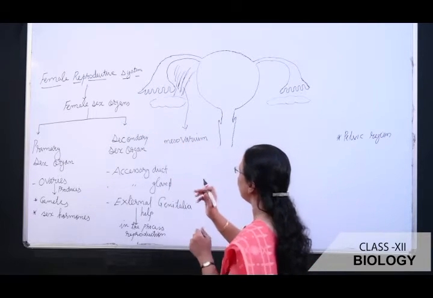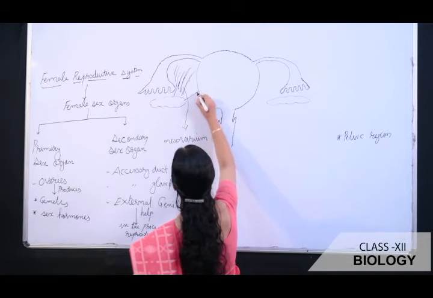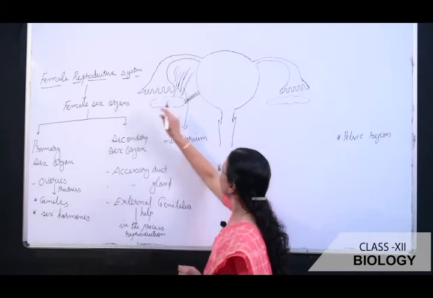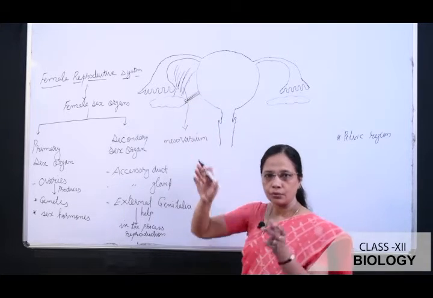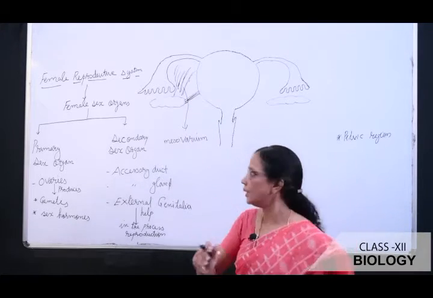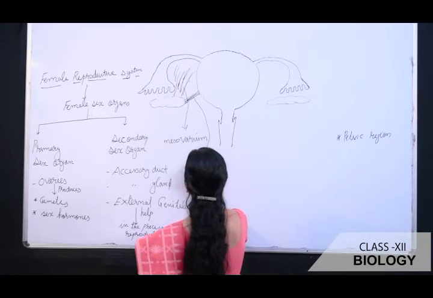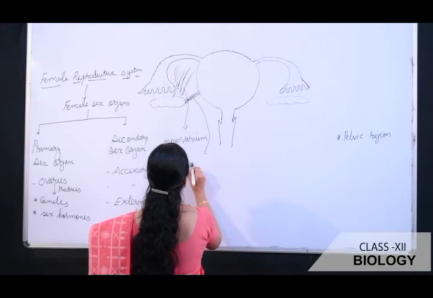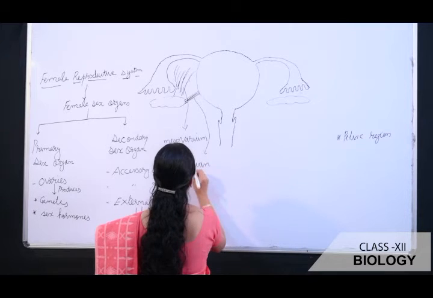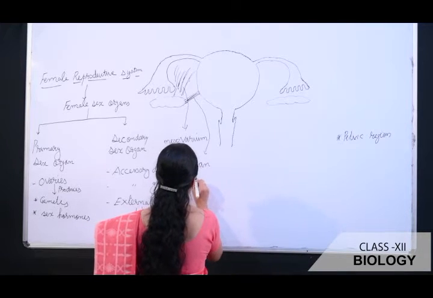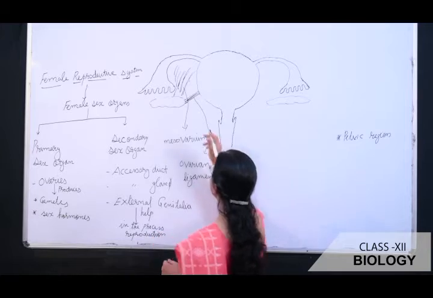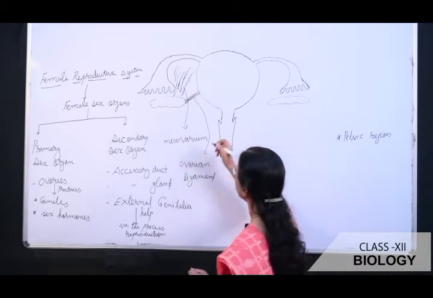There is one more ligament. Here you can see this ovary is fixed with the uterus. The uterus is joined to the ovary with the help of a ligament which is called the ovarian ligament.